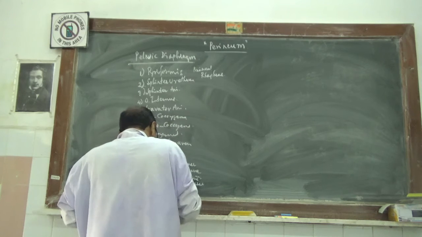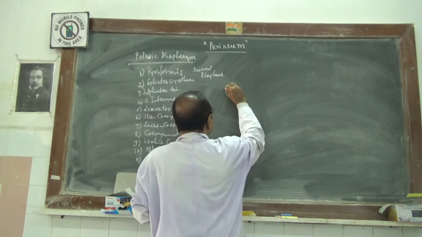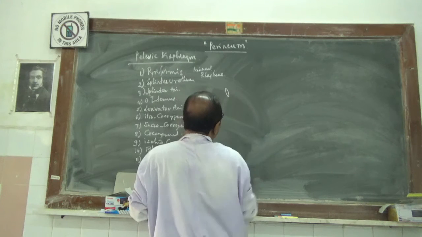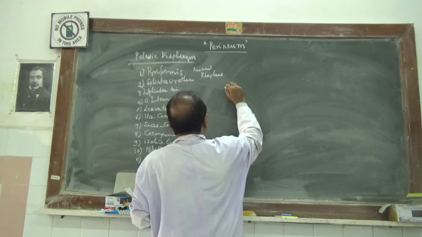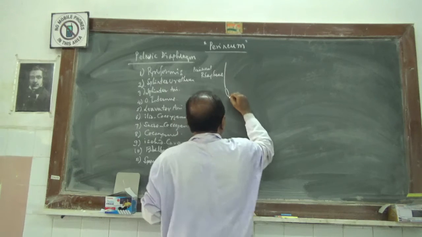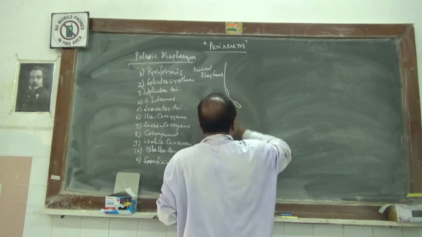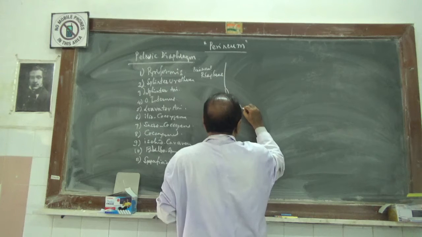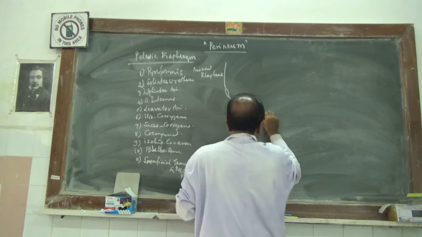Now, this is the pubic symphysis. In a sagittal section, how does the perineum look? This is the genital orifice. This will be the anal orifice.